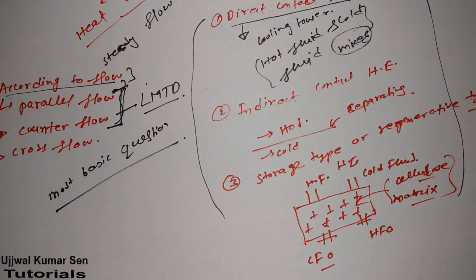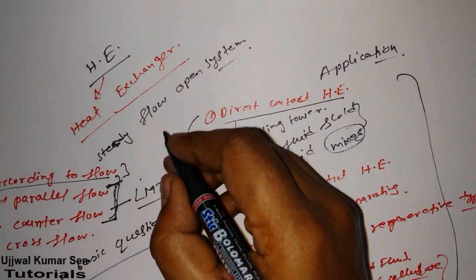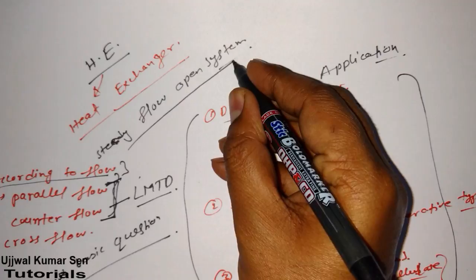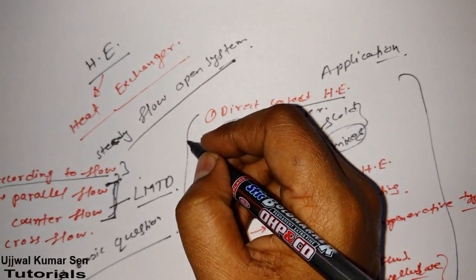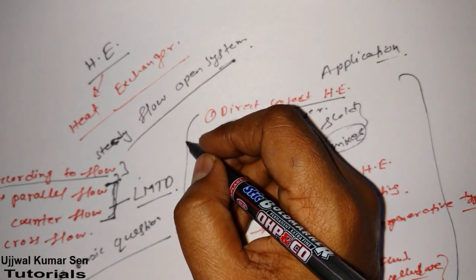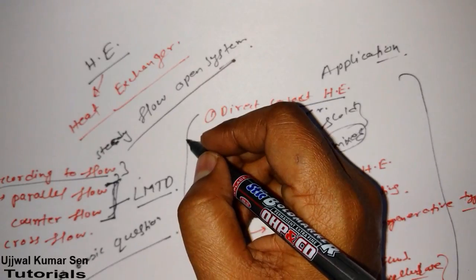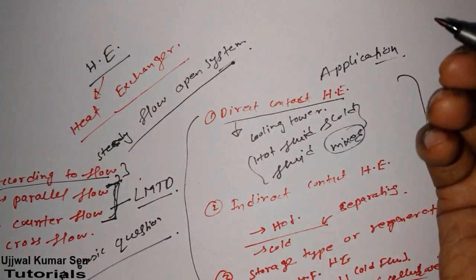Have you ever thought what will happen if first law of thermodynamics is applied to heat exchanger? Because as I have already shared with you, this is a steady flow open system. Then what will happen if I apply first law of thermodynamics to heat exchanger?